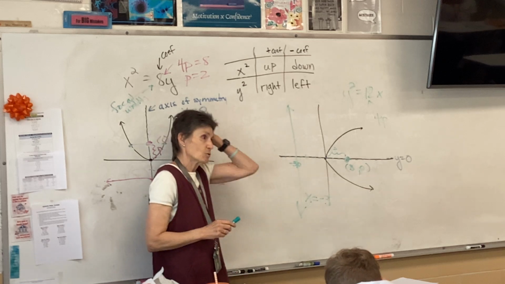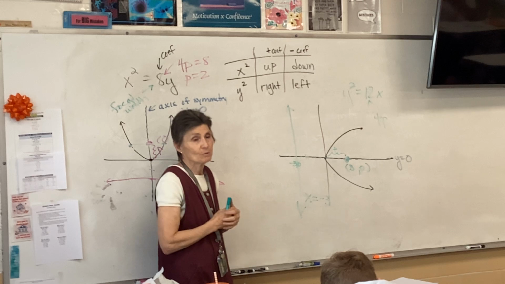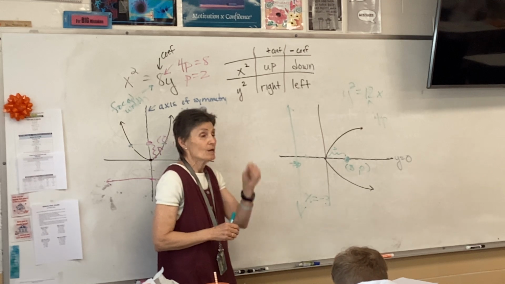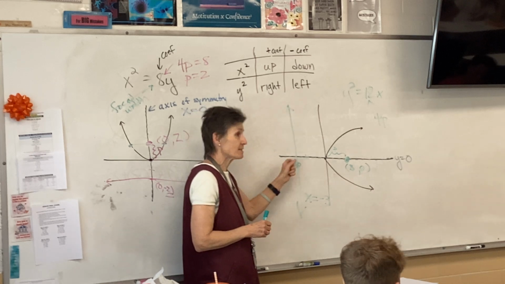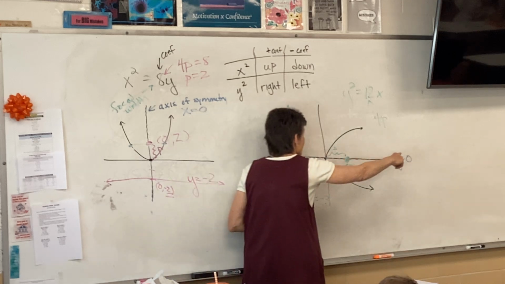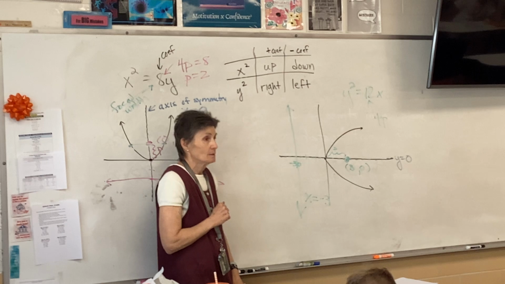We talked about this earlier in the year, we'll talk about it again. Sometimes we get confused, is our line an x equals or a y equals? Graph it. If it crosses the x-axis, it's x equals. If it crosses the y-axis, it's y equals.